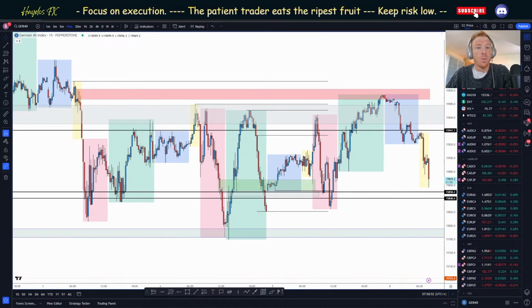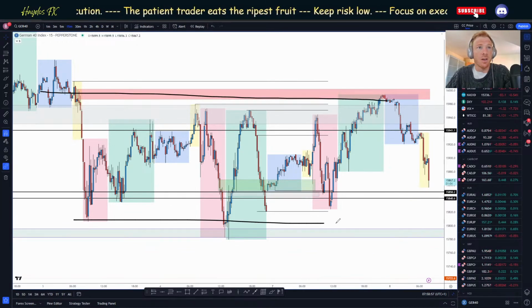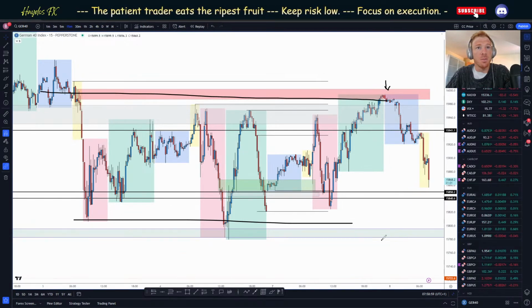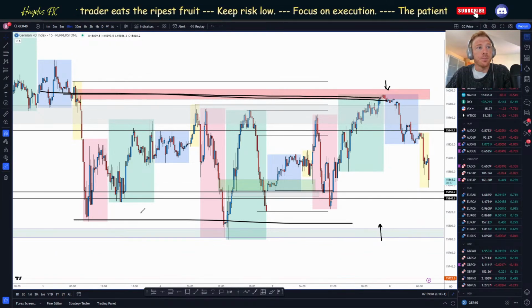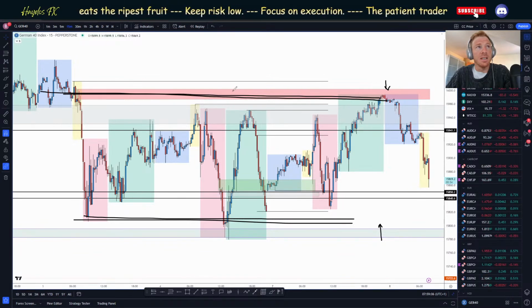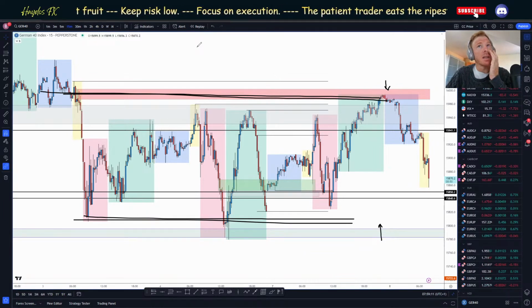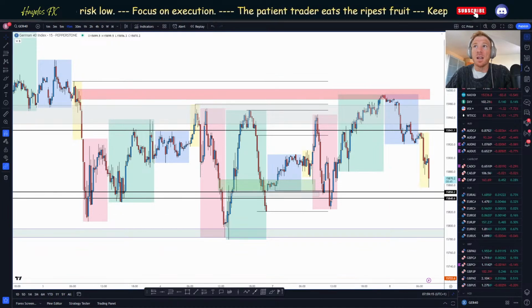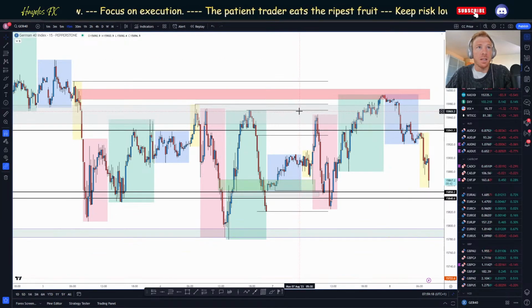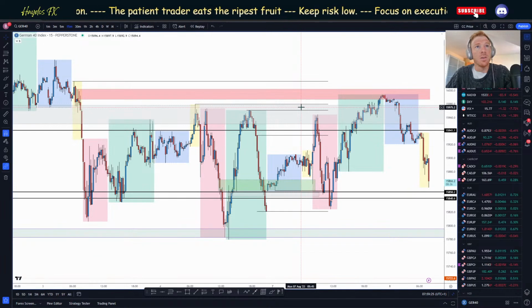I was more short as well, because if this is a range, then you sell from the top and you buy from the bottom. So we've got to see how it reacts, but I'd lean to sells because of the fundamentals. I was a little bit out of touch last week, but I've been reading more and more reports about the German economy struggling, manufacturing, some political reasons as well.